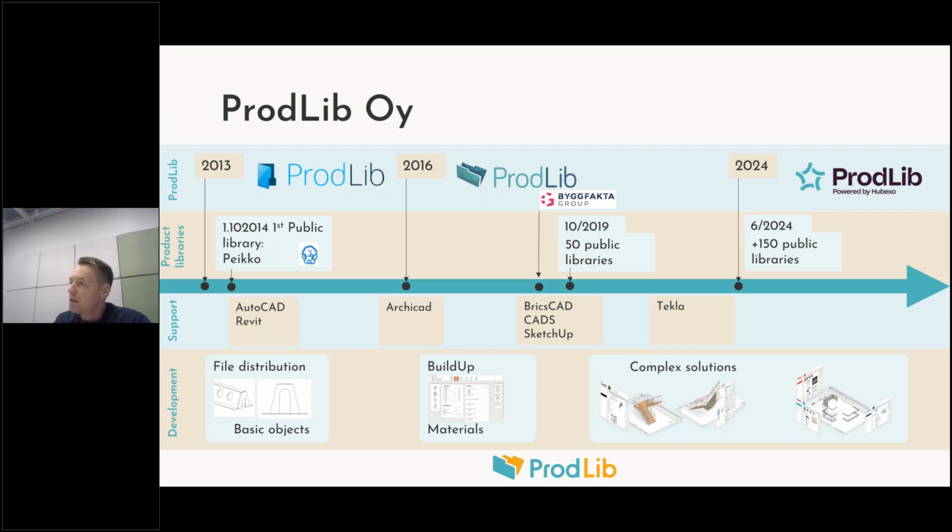We just started promoting and selling the ProdLib service in other Nordic countries at the beginning of September, so it's going nicely forward. We've also started from the simple. We started with sharing AutoCAD and Revit files. We extended the support to ArchiCAD, BricsCAD, SketchUp, Tekla.